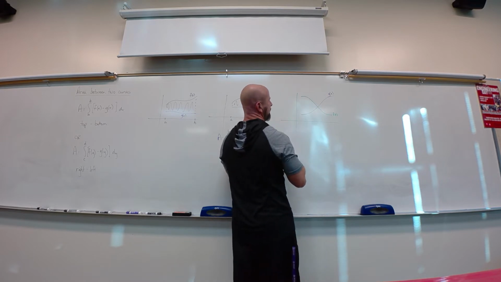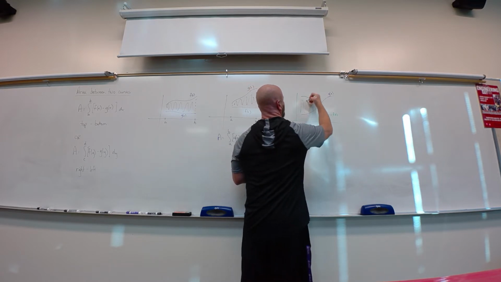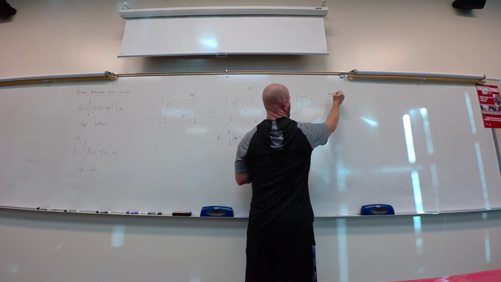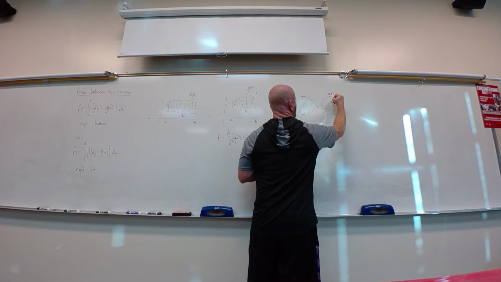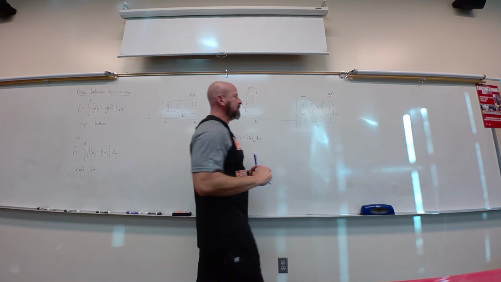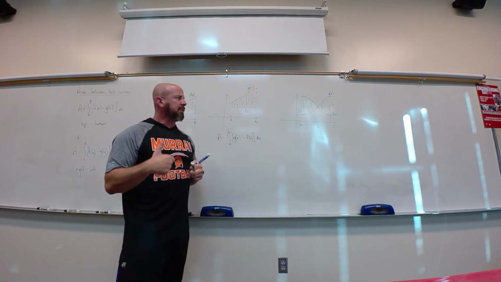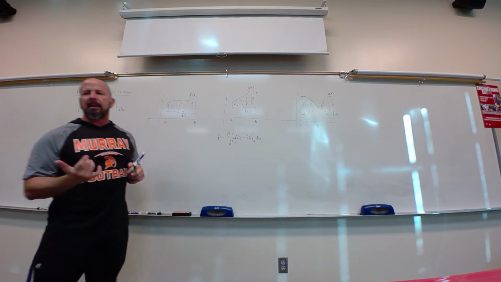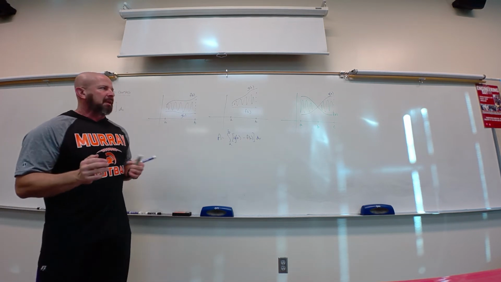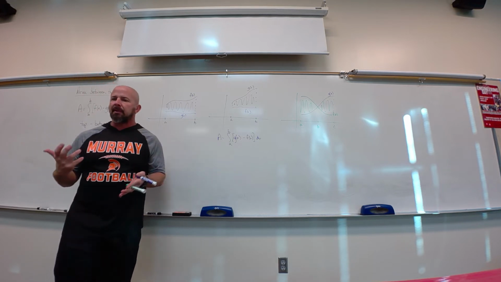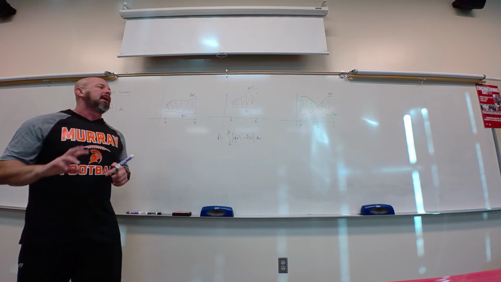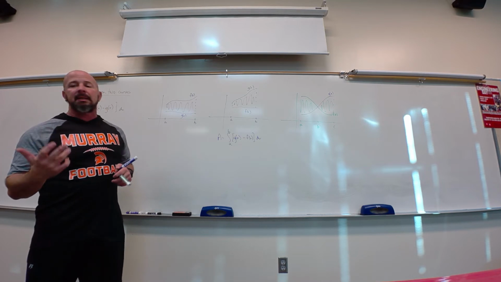And our limits would be, so we're going to go right in here, we'll say that's A, we'll say that's B, and we'll say that's C. So they switched over. F was on top in the first part, and then G flipped to being on top in the other part. That's fine. It just means that I'm going to have to create two separate integrals. I'm going to have one integral from A to B, and then another integral from B to C flipped over.